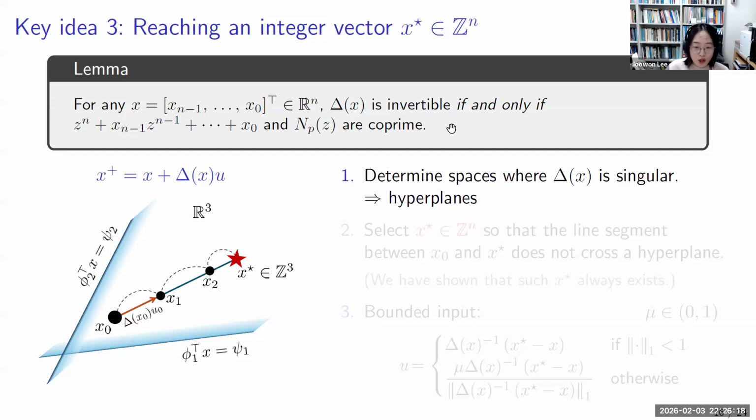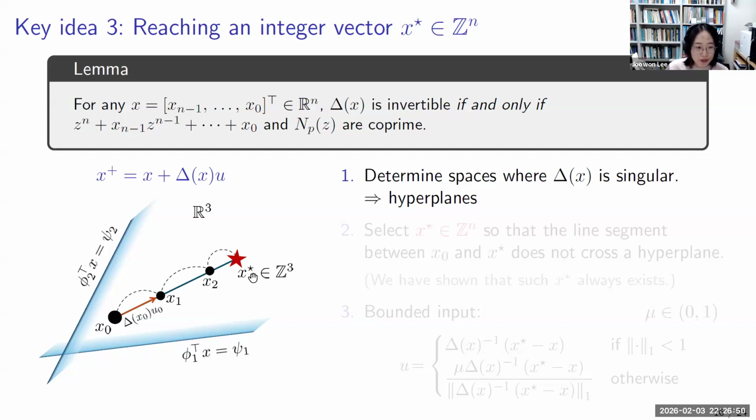So first, we determine spaces where delta x is singular, the spaces we need to avoid. These spaces are represented as hyperplanes, like the blue shaded parts of this figure on the left. And we want to move the state x along the line segment between x0 and x star, like this.